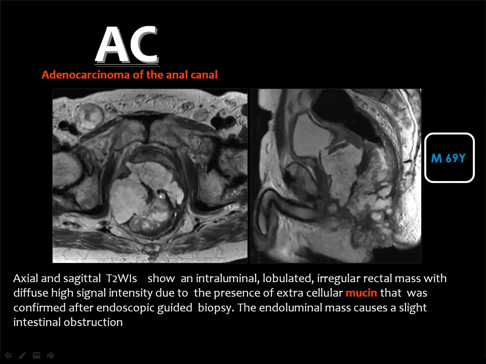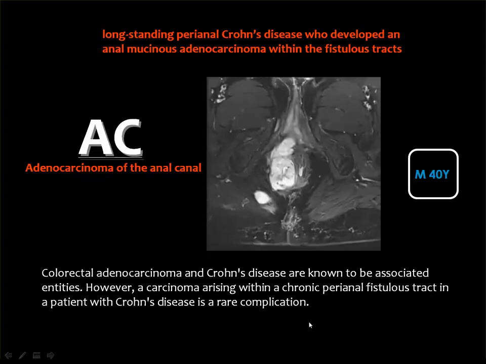Another example, and you see a high signal cauliflower mass in the anal area, reaching the anal verge and extending deep to the lower part of the rectum, indicating that this is a mucinous adenocarcinoma.